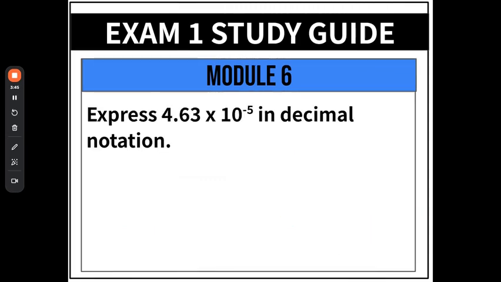That one, okay. Express 4.63 times 10 to the negative 5 in decimal notation. So currently this is in scientific notation. So I'm going to rewrite this. And all that we're going to be doing here is moving a decimal, because when you're multiplying by 10 to the anything, that's all you're really doing. So I'm going to take my 4.63 here. And because it's a negative exponent, I know that I'm going to be going to the left.